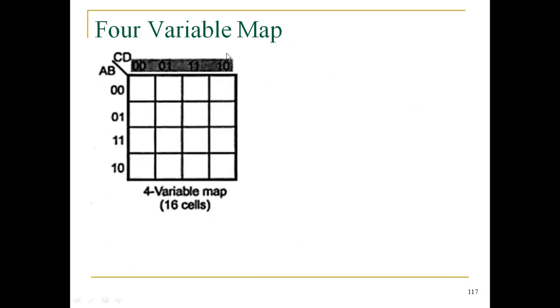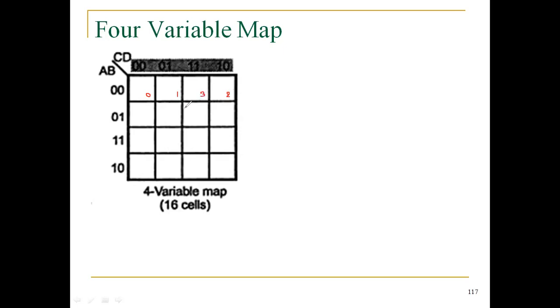And then the four variable Karnaugh map method. Since it is four variable, according to the number of cells formula, 2 power n with n equal to 4, 2 power 4 is equal to 16 cells. Here please listen. The numbering of the cells is like this: 0, 1, 2 should come here, not here.